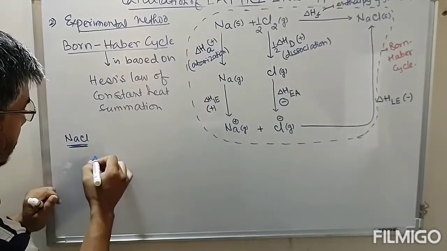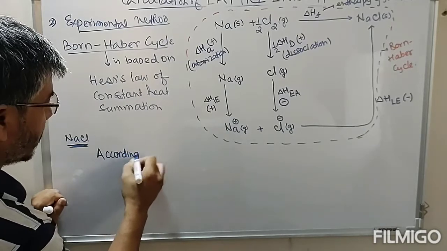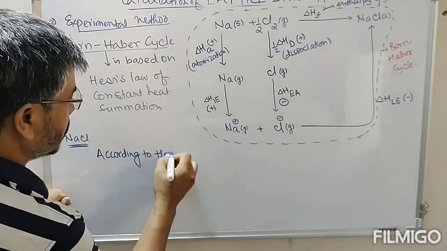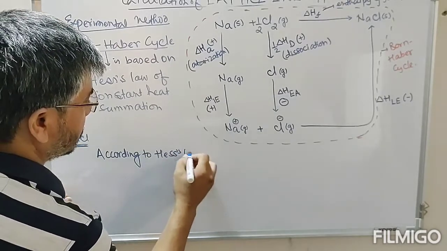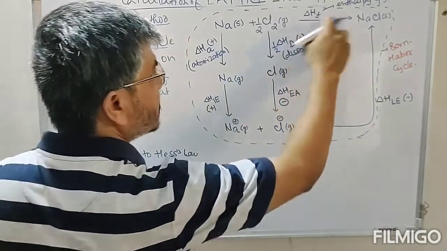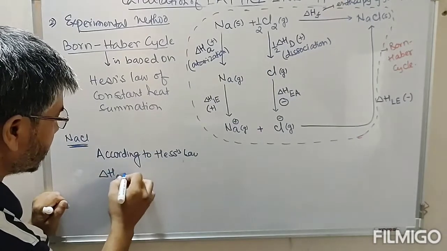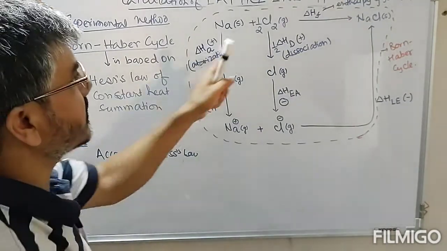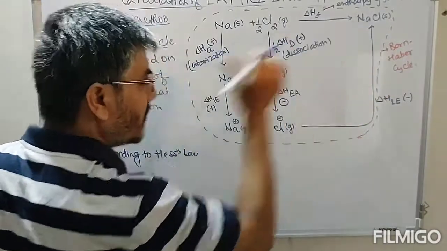So according to Hess law, the energy change for the single step, this delta H f, is equal to the energy change during these multiple steps.